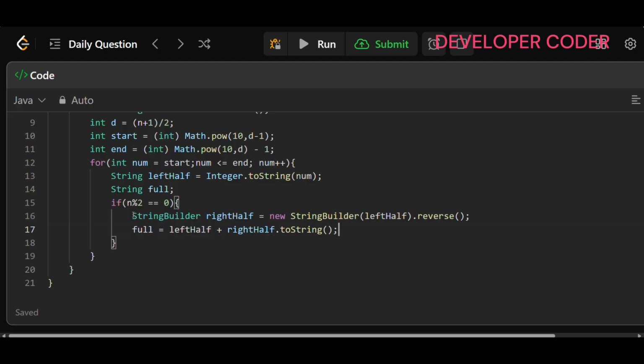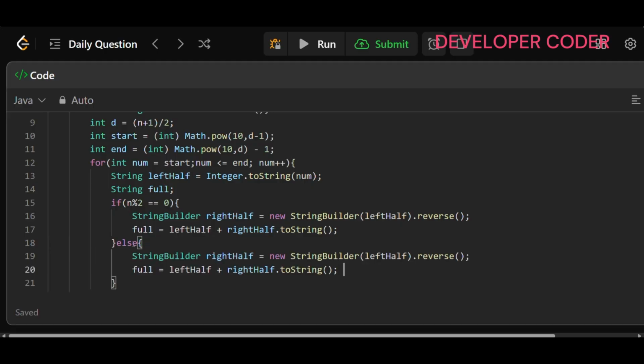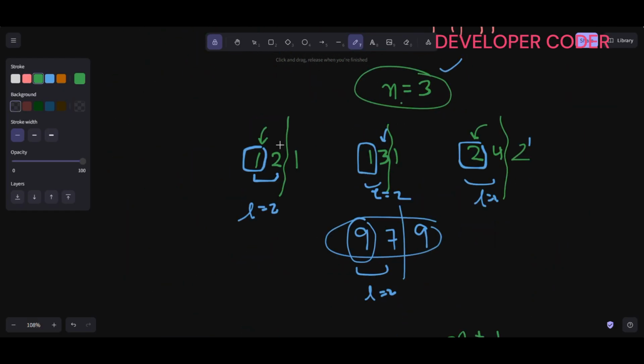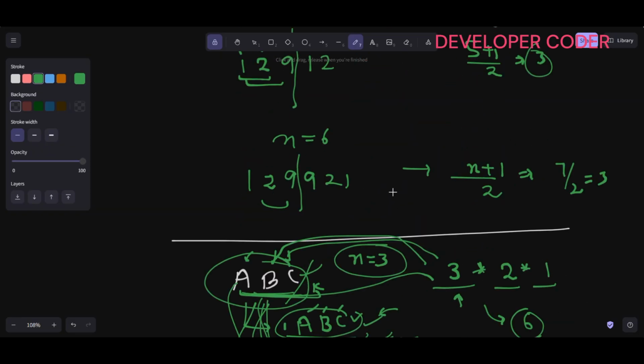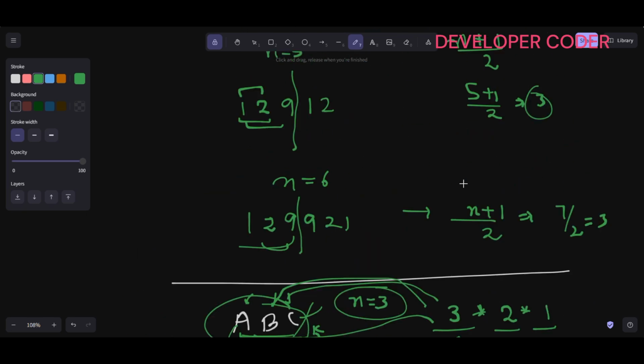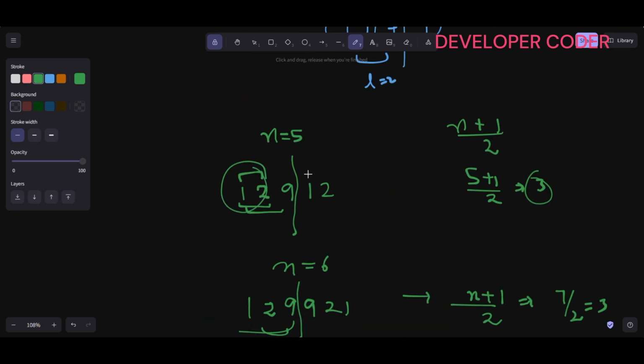Now for odd, so just copy this. And here you have to write else, and StringBuilder right half is equal to new StringBuilder of left half. Now there is one restriction. For odd, we are not reversing this completely, we are only reversing until here. We are not reversing the middle one. Same way here n is equal to 6, we are reversing this completely, but if you take n is equal to 5, we are reversing until here only, right?